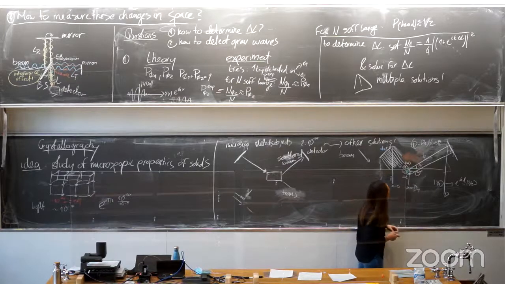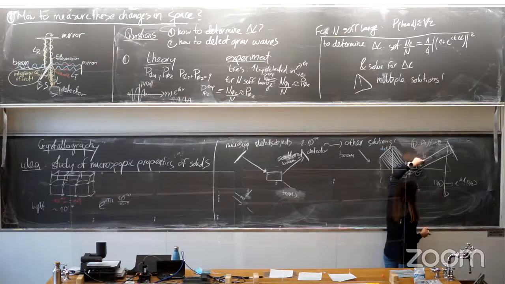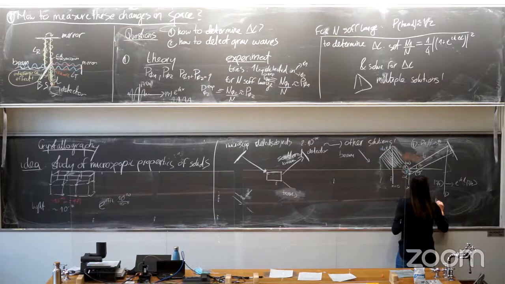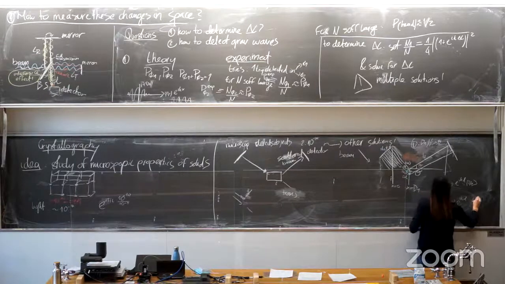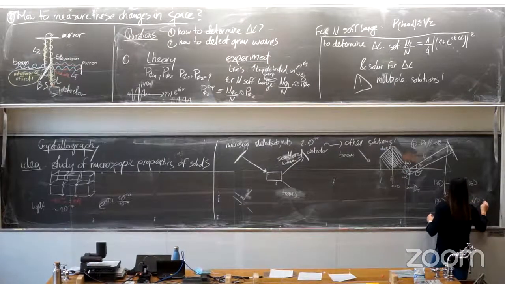So this is the length of this. So my state will pick up this phase, e to the i k times d minus d1 divided by cos theta, psi 1.